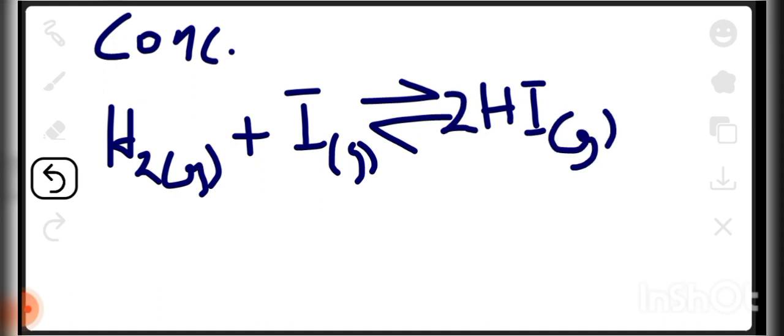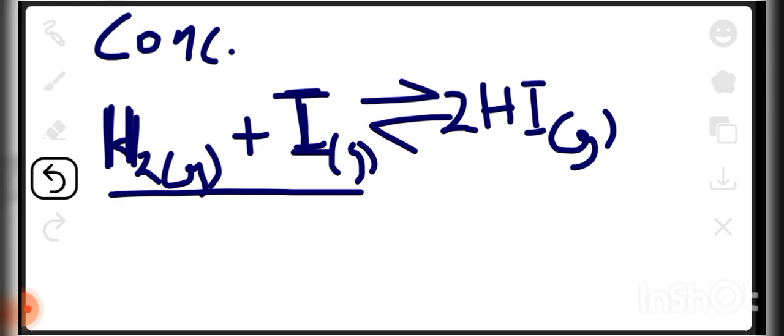Now, for concentration, look at two things. If you increase the concentration of the reactant, by adding more iodine or more hydrogen gas, the equilibrium position will shift to the right.